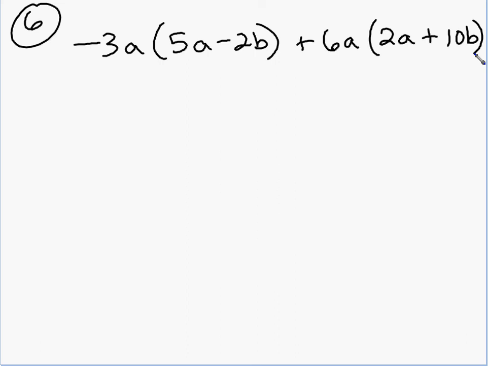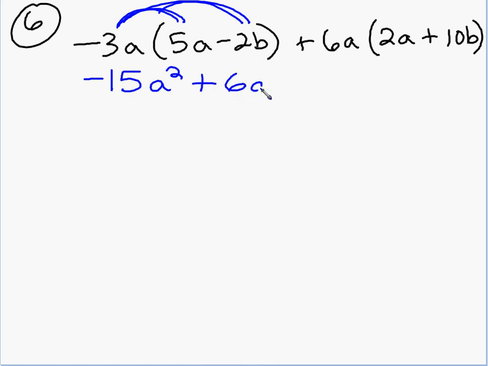So first, I'm going to do this one. Okay? So let's do that. Negative 3a times 5a is what? Negative 15a squared. And then negative 3a times negative 2b is positive 6ab.